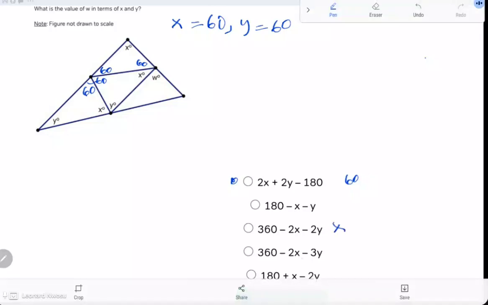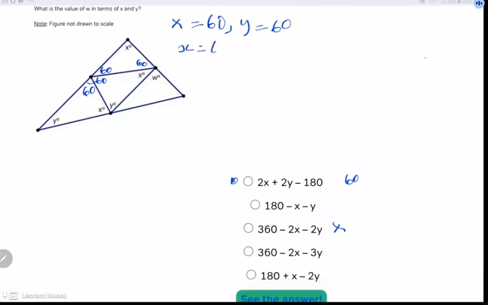Now 360 minus 120 minus 180. That is 360 minus 180, since 3y is 180. That is 180, right? Okay, so now the best thing is we try another value.